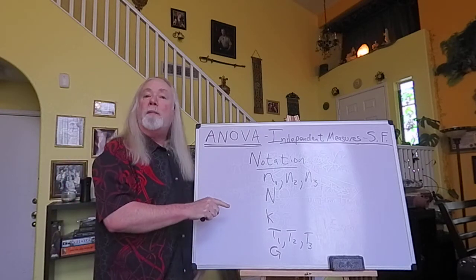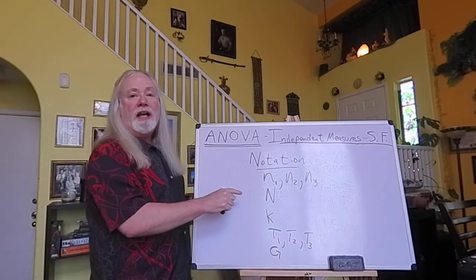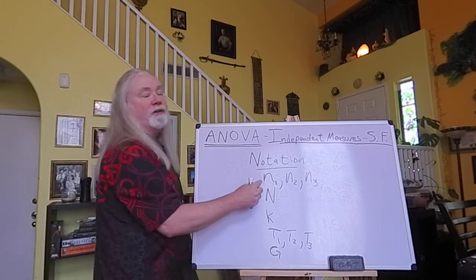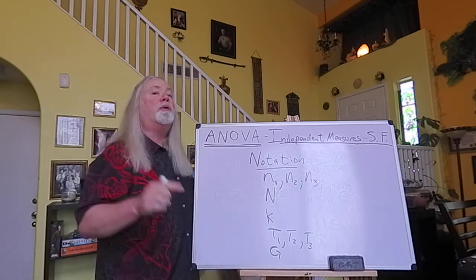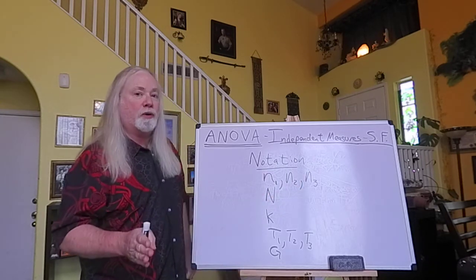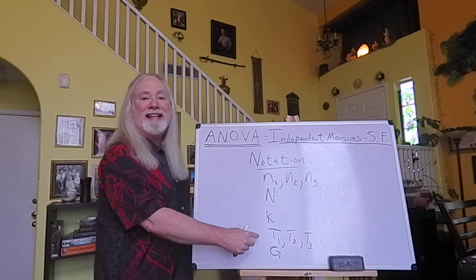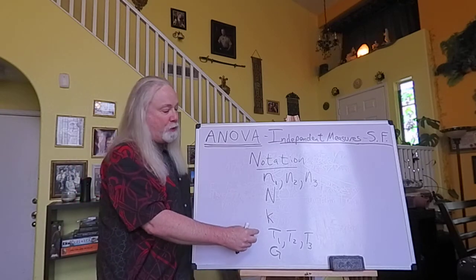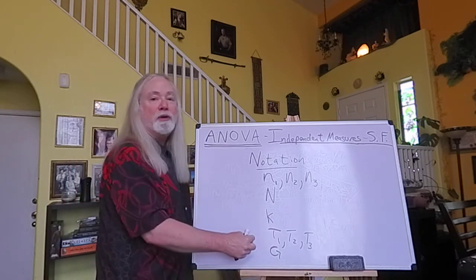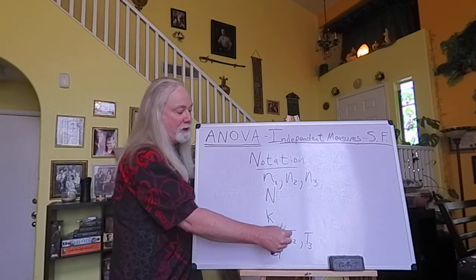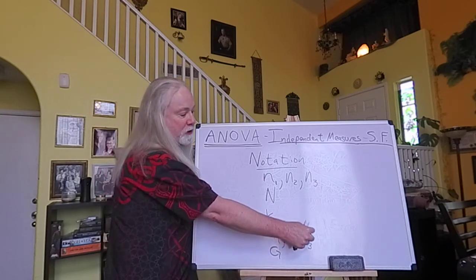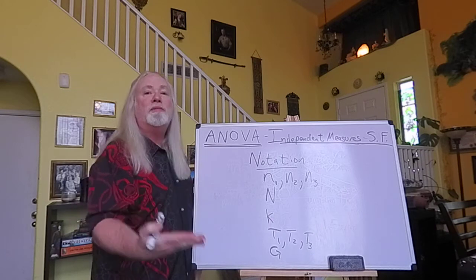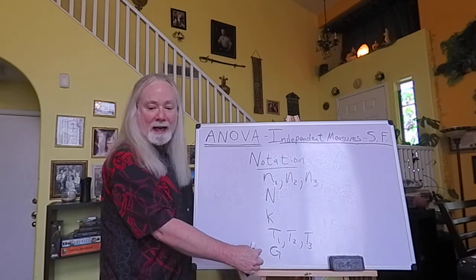Capital N was the number of scores for the entire study, and you could get that by adding all the little n's together. G is the grand total of all the raw scores. You can get that by adding all the T's together. You can think of these as little subtotals. Add up the subtotal for group 1, group 2, and group 3. If you add all the subtotals together, you get the grand total.